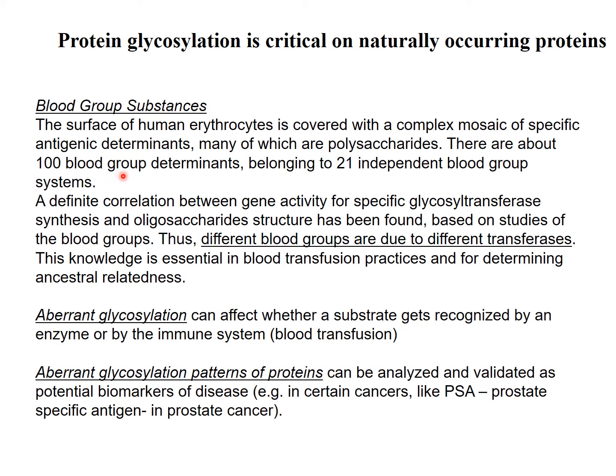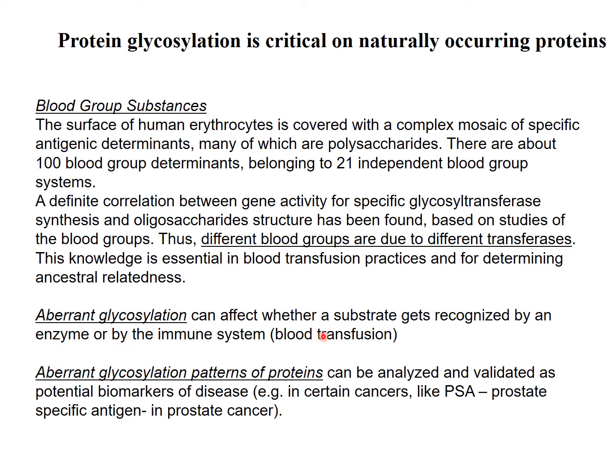And you may recall that you learned that there are about 100 blood group determinants belonging to 21 different categories, etc. So how is it that the red blood cells in different individuals can be different from each other? Different transferases are upregulated in that particular person's body.